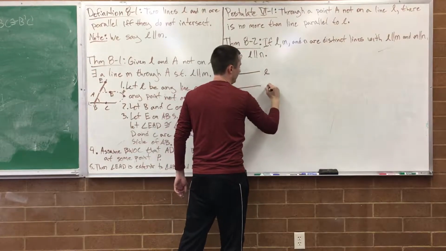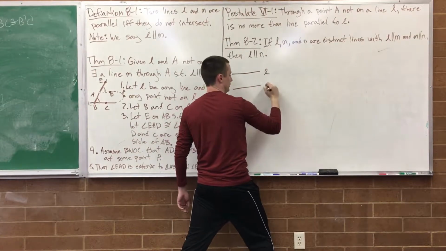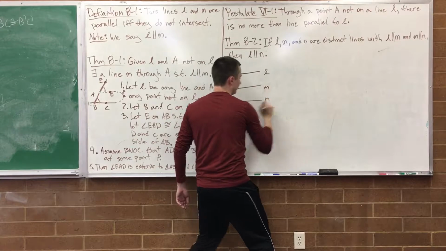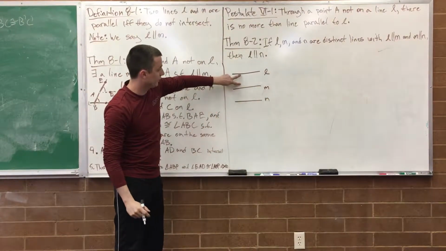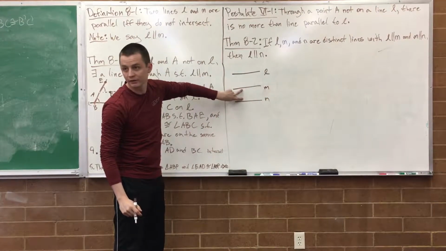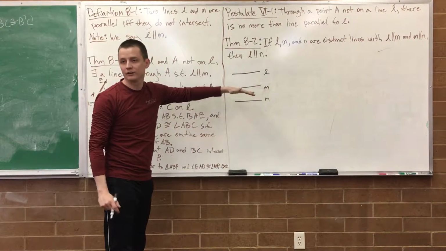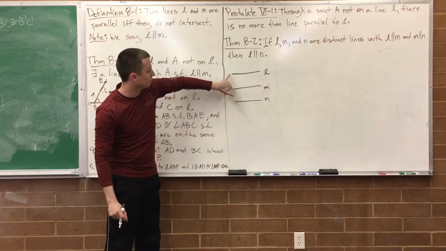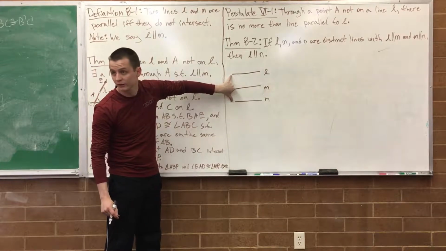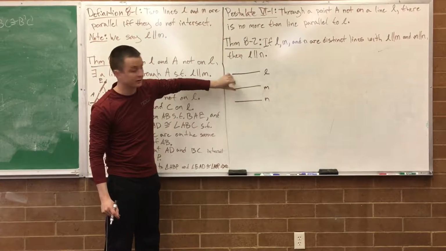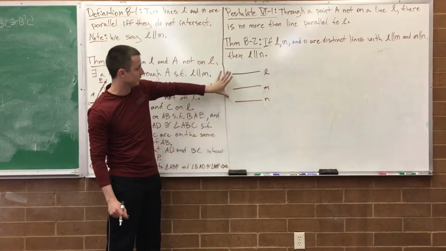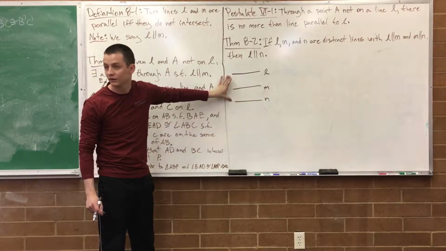Here's L, here's M, here's N. We know that L is parallel to M, and M is parallel to N. It shouldn't matter where we draw these. But we're trying to prove that L is also parallel to N.